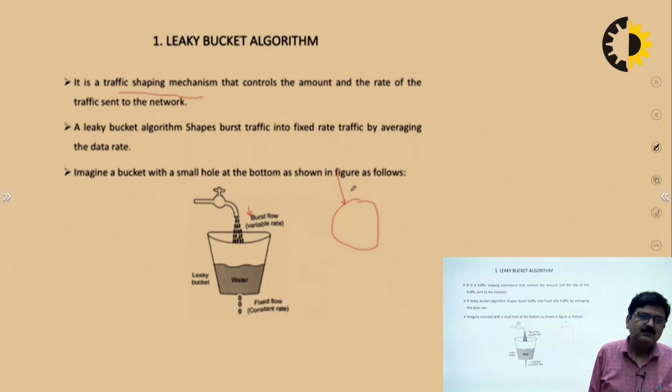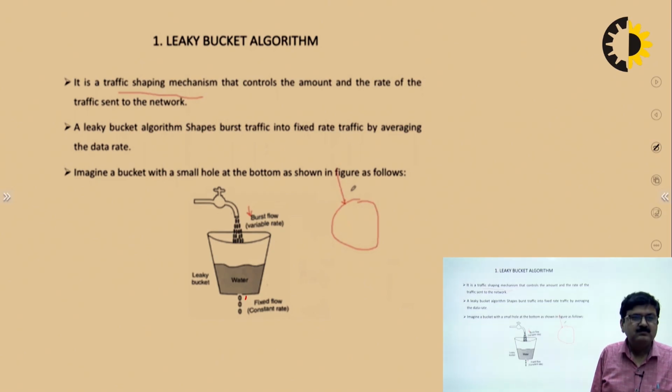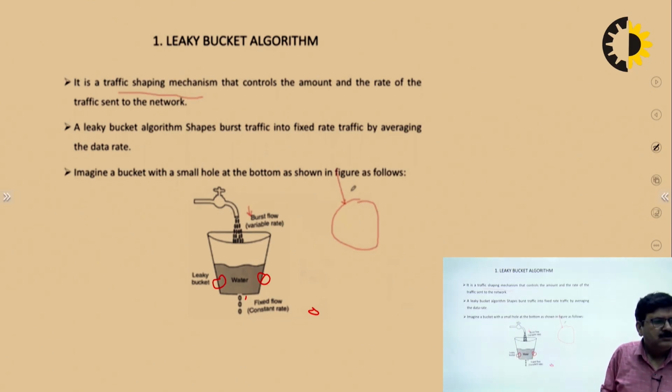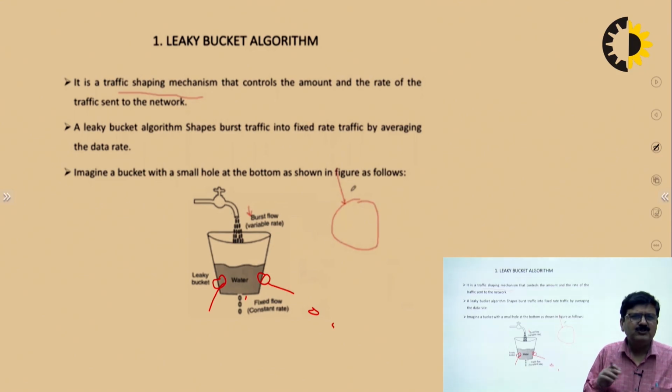This is the input. And what happens if we make one or two holes in the bucket? You can understand that the flow of the water from the holes is almost the same.